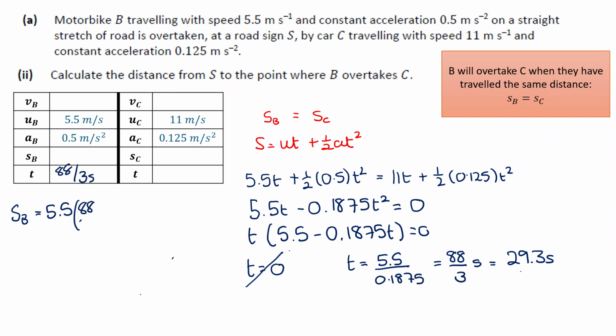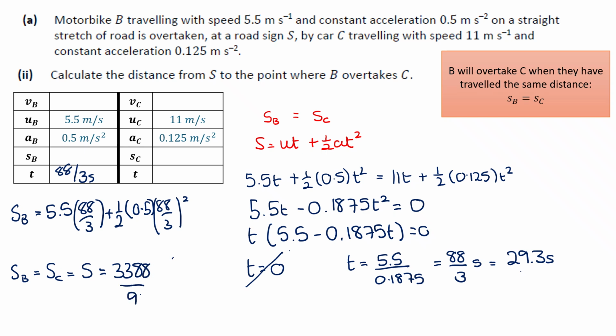So that's 88 over 3 plus a half a 0.5 t, 88 over 3 squared, and that can go to our calculators, and we get 3388 over 9 meters, or in decimal, that's about 376.4 meters.